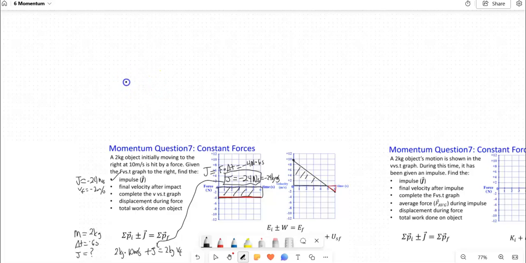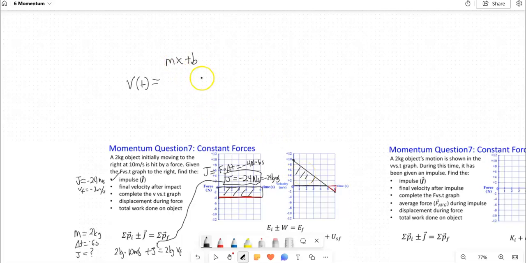So we're going to create a velocity versus time function. Again we're doing mx plus b, and remember from motion that the area underneath a velocity versus time line is displacement.